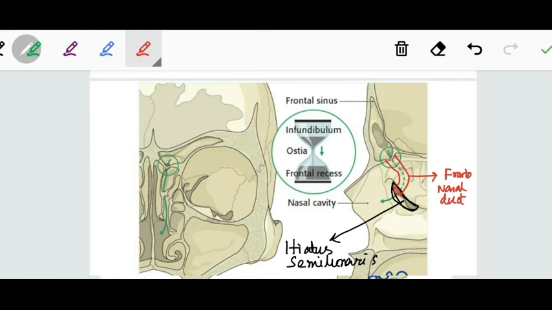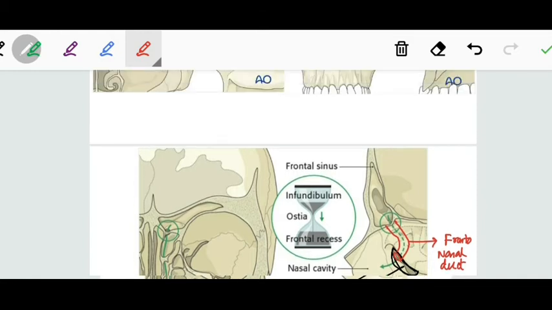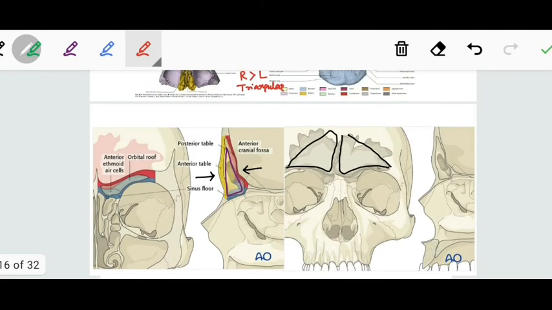As regards measurement of the frontal sinus, the vertical, transverse and anteroposterior measurements are all roughly 1 inch or 2.5 centimeters.